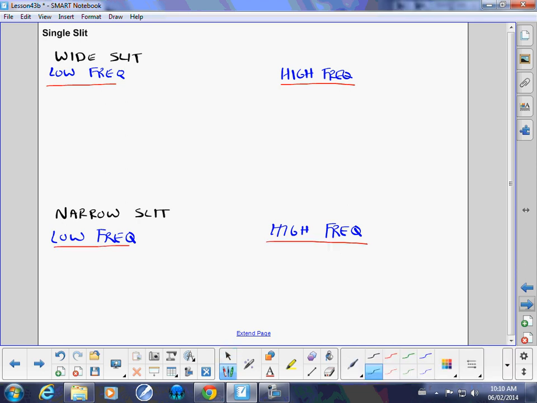So for the wider slit, I'm going to exaggerate it here. And for the narrow, oh, that's still the wide one, sorry. For the narrow slit near the bottom here, I'm basically going to make it a pinhole. So we can make that comparison above and below. Should actually make it look like there's a hole though. There we go.